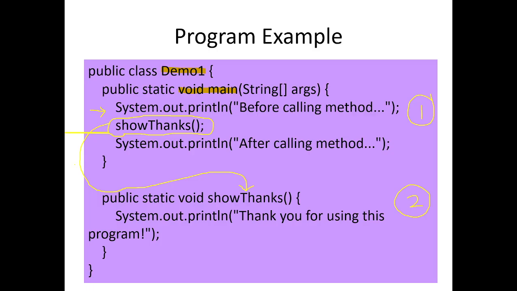So the compiler will go to structure number 2. When the compiler sees this showThanks, which is a method call, it goes to the showThanks structure, which is your number 2. What is the task in showThanks? To display "Thank you for using this program".